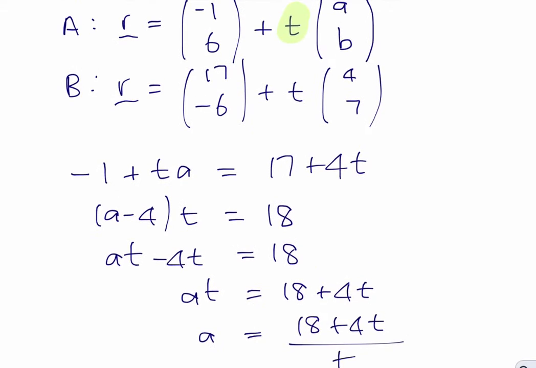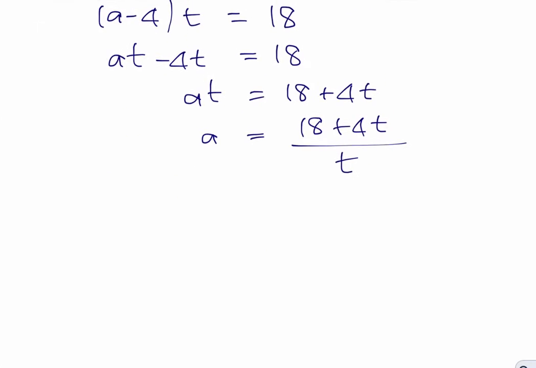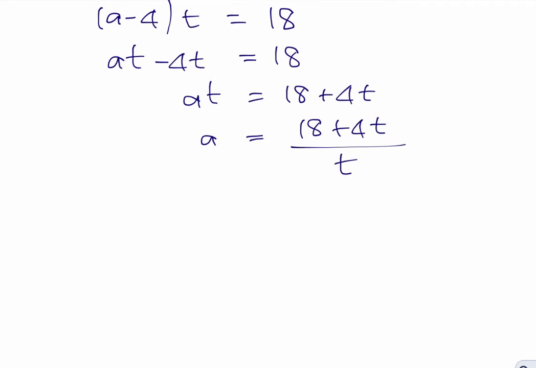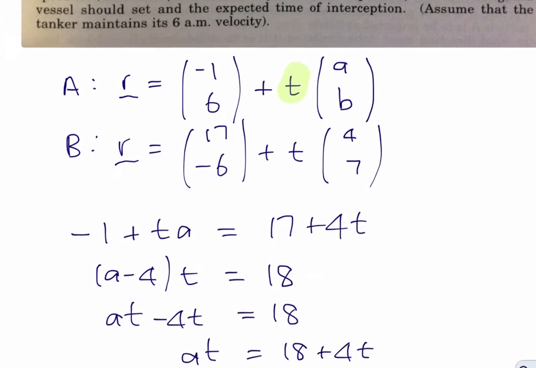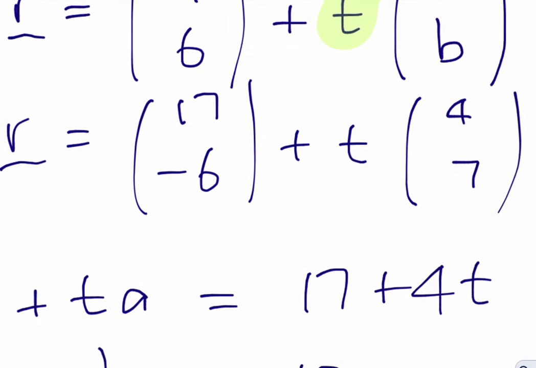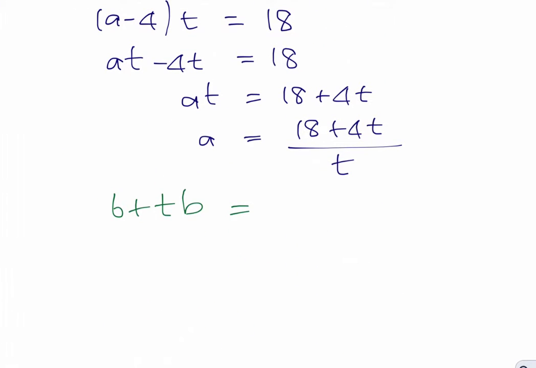Now I can do the same for the y coordinates. 6 plus t times B is equal to the y coordinate for the oil tanker, which is -6 plus 7t. Okay, you with me now? Alright, so I'm going to subtract 6 from both sides, giving me -12 over here.